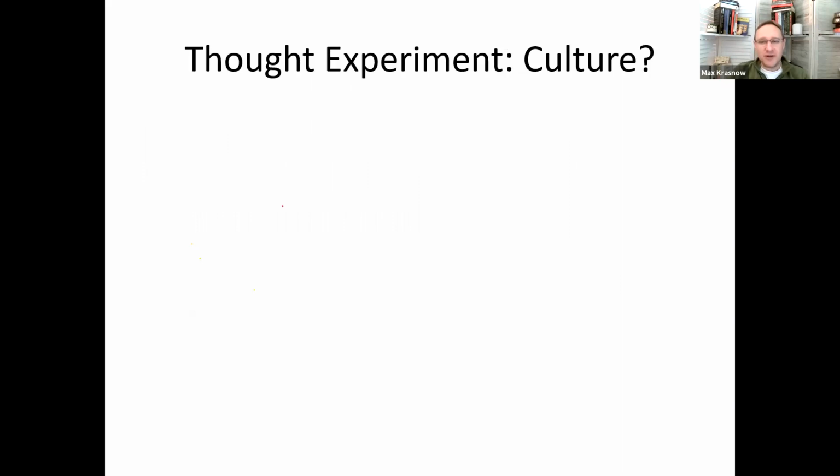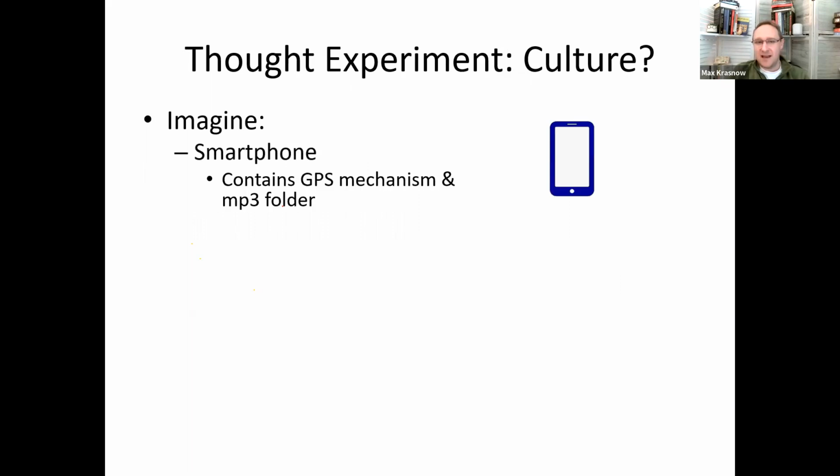To prime your intuitions of what that something might be, consider the following thought experiment. Imagine that we have a smartphone that has a GPS mechanism and a folder of MP3 song files. And it has an app that chooses the song to play based on the readings of the GPS, the latitude and longitude.